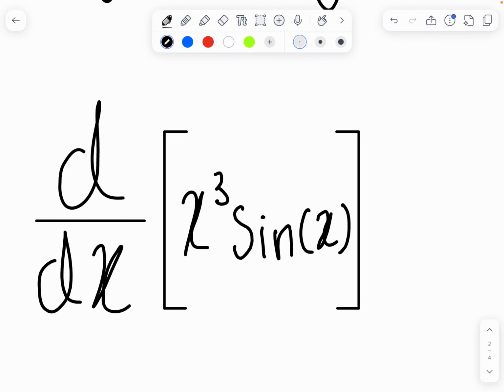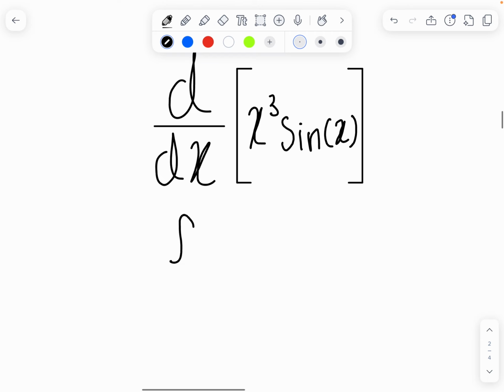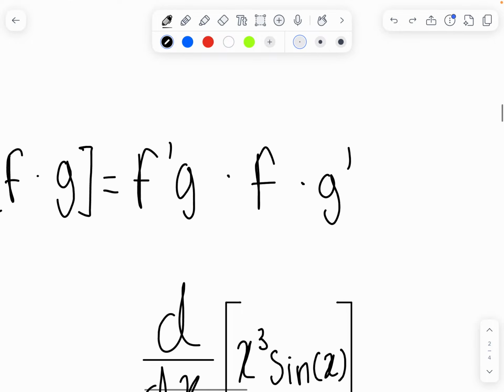Obviously these are two different types of functions, so f equals x cubed, g equals sine x. You always want to write them out since there's going to be 4 terms we need to learn.